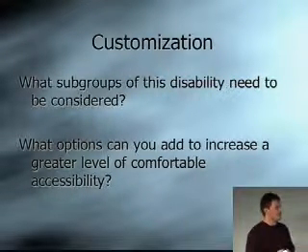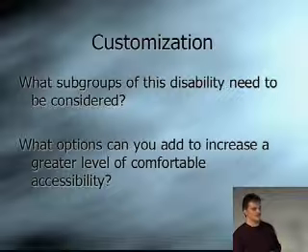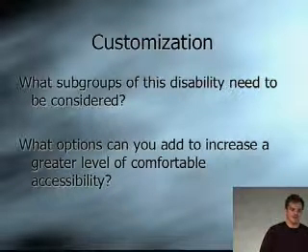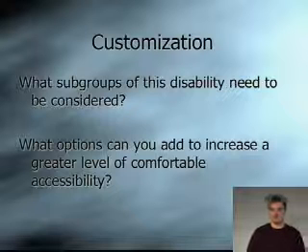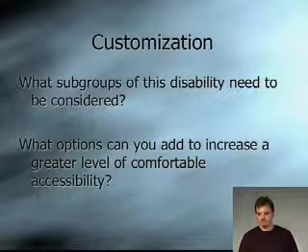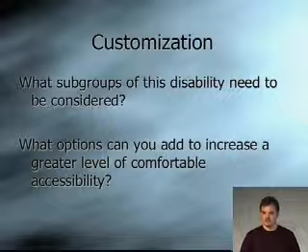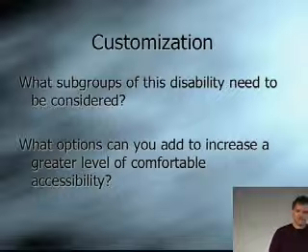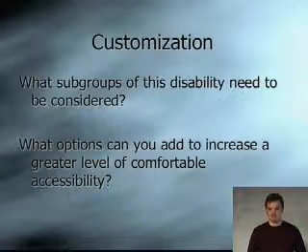So what options can we add to increase the level of comfortable accessibility? One of the things that was mentioned was that the adoption rate of accessible technology is low because sometimes it stands out. Well, the iPod is used by a rather large portion of people.